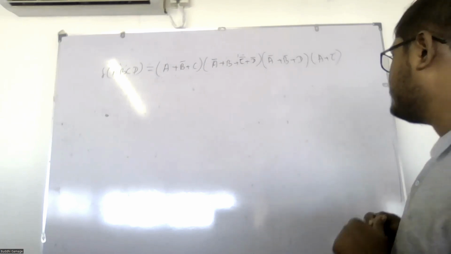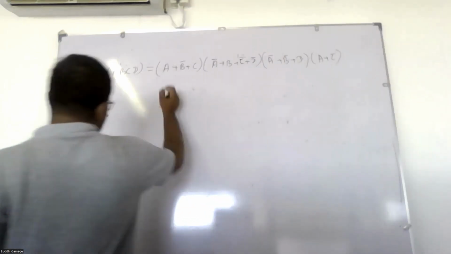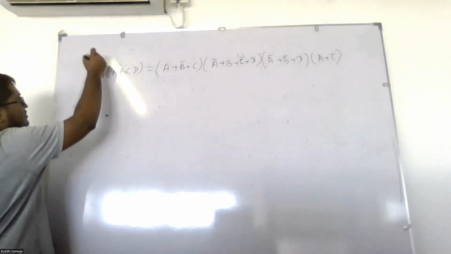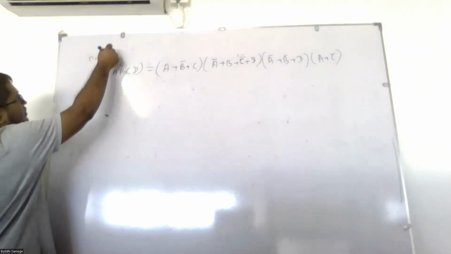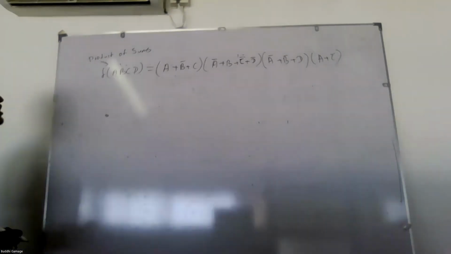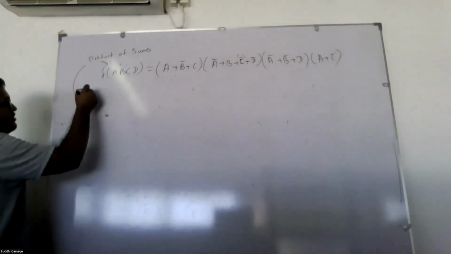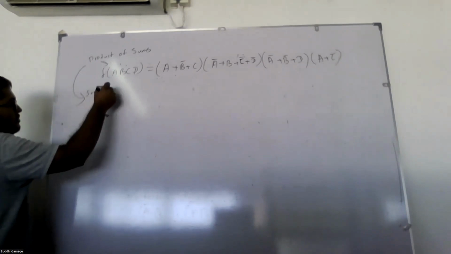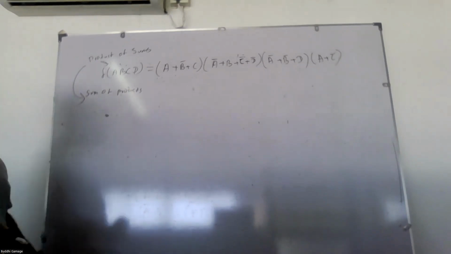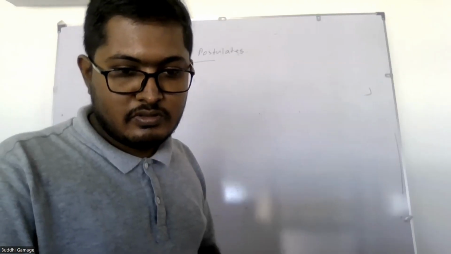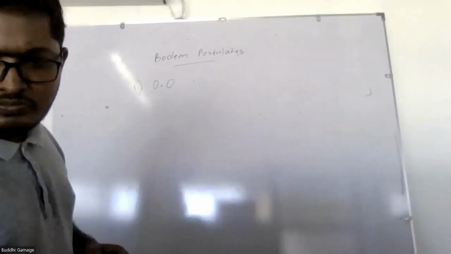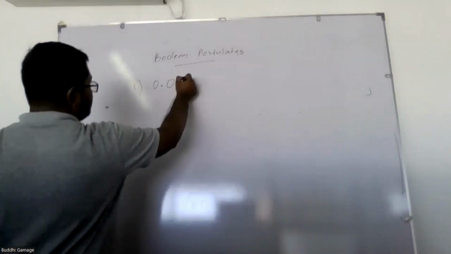What you need to do is, it is in the product of sums. So this expression is a product of sums. You need to convert it to sum of products. So put this. Yeah, Q is 0.